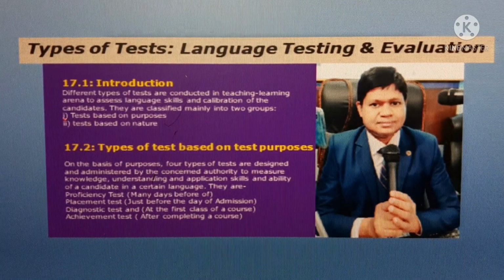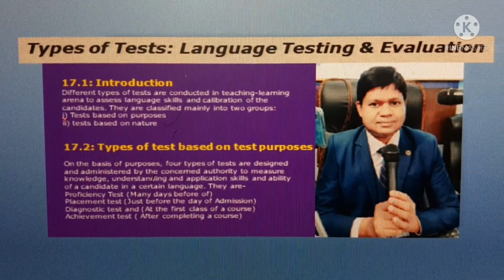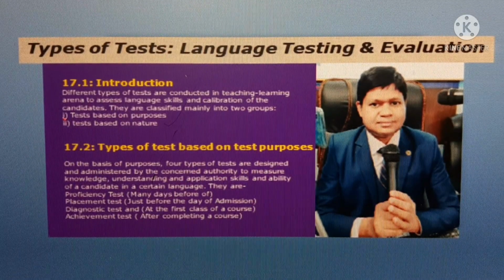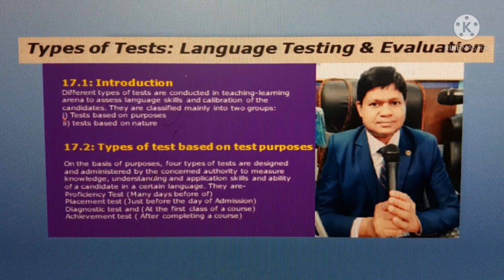Now, final assessment test. The final assessment test, also known as national standardized or summative evaluation tests, are carefully constructed tests which have uniformity of procedure in scoring, administering and interpreting the test results.